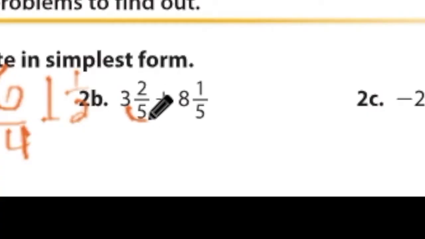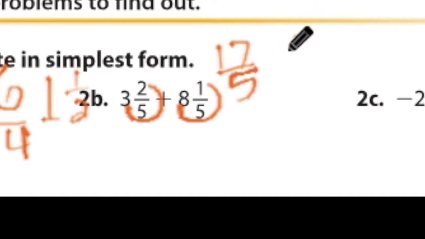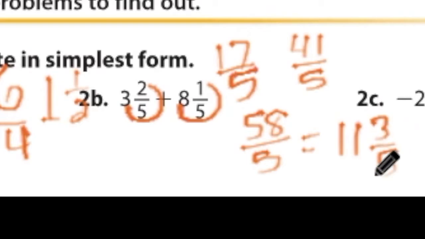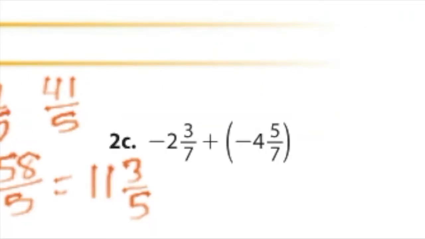For 2b, 3 times 5 is 15, plus 2 is 17/5. 8 times 5 is 40, plus 1 is 41/5. 17/5 plus 41/5 is 58/5. And that reduces to 11 3/5.